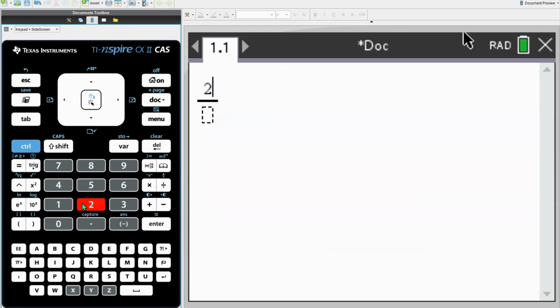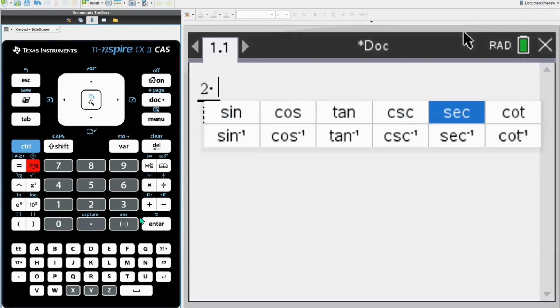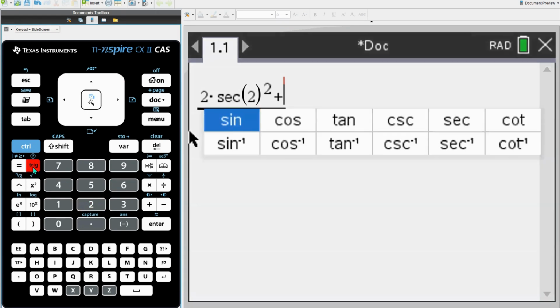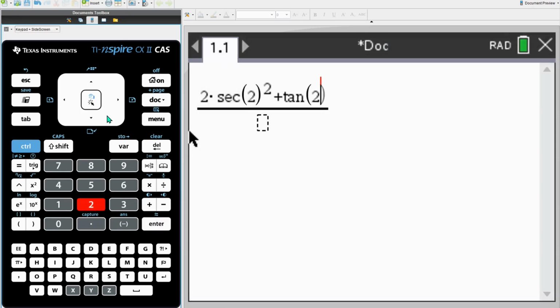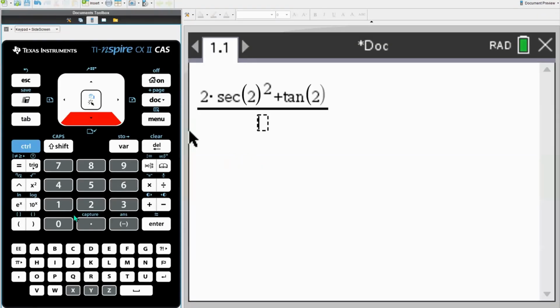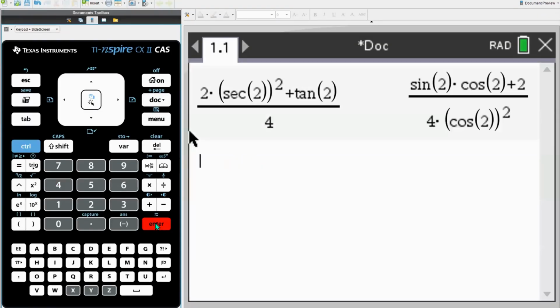I think it was 2 times secant squared of 2, minus tan of 2, and this was all over 2 squared, all over 4.